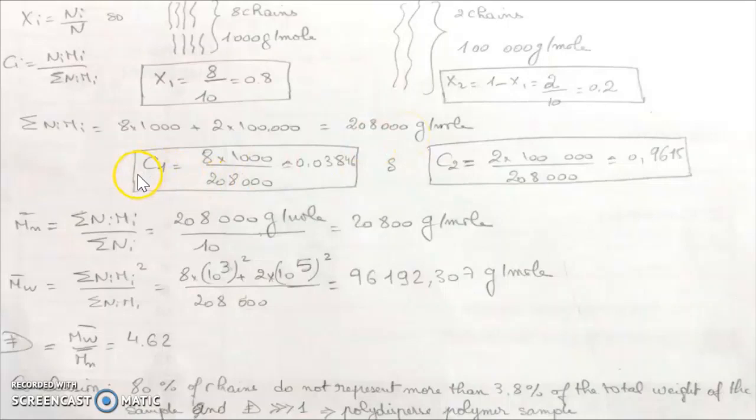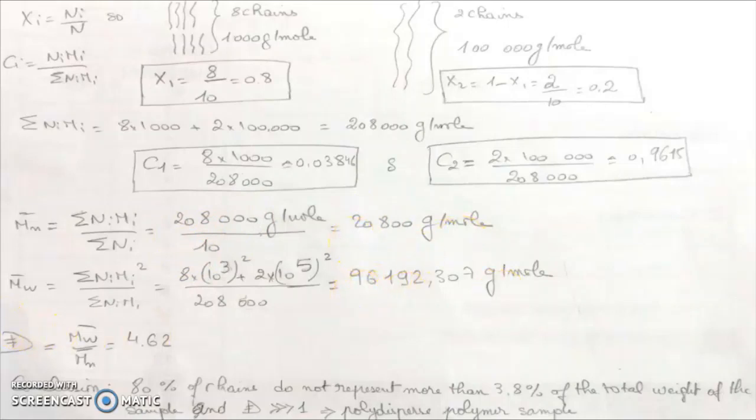Now I can calculate the weight fraction of family 1 by dividing N1M1 by the summation of NiMi, and the same for the second family. The summation of C1 and C2 should equal 1. Now to calculate the average molecular weights in number and in weight, I have to apply the formulas. I put in the values and I will get both Mn and Mw.